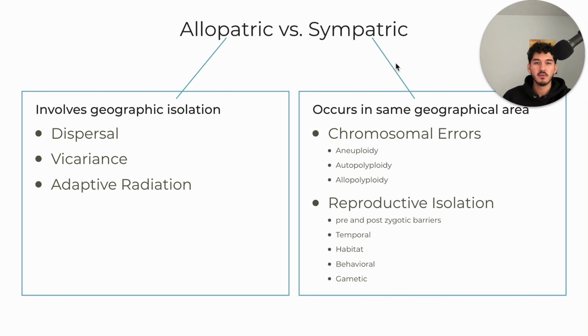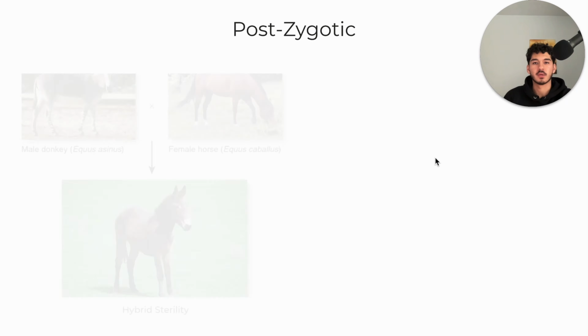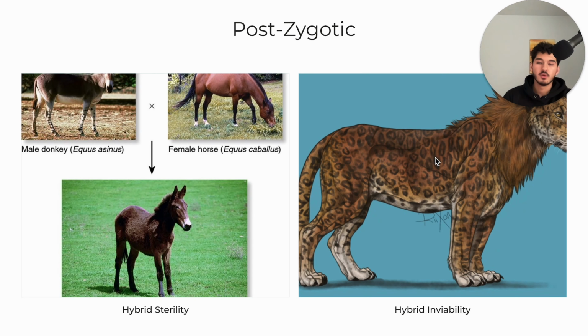Now let's go over to postzygotic right here. Postzygotic means the zygote has already formed, but it is isolated, really. There are two types of postzygotic that we have to know: hybrid sterility and hybrid inviability. What does that mean?